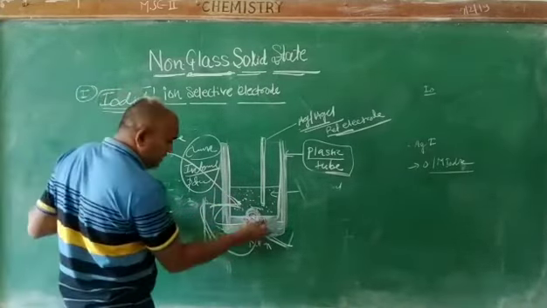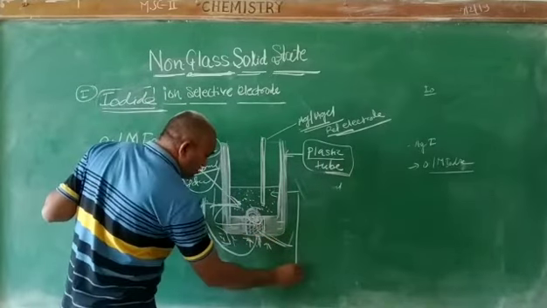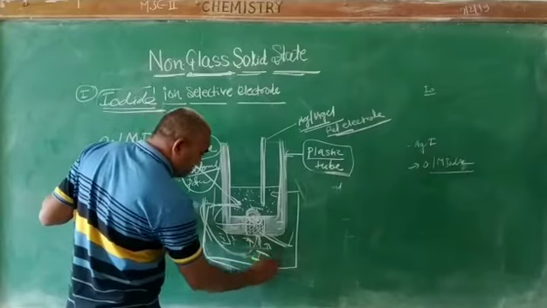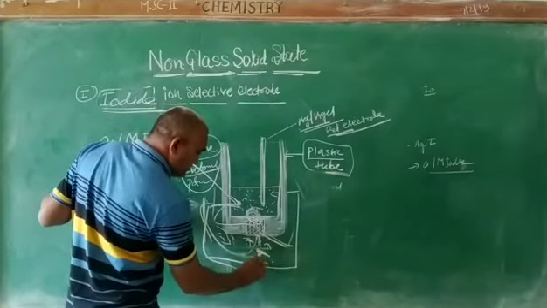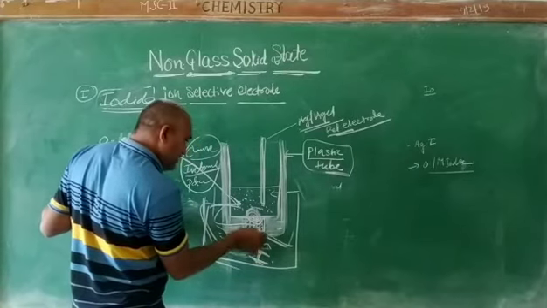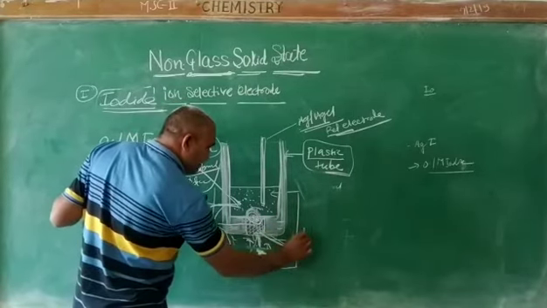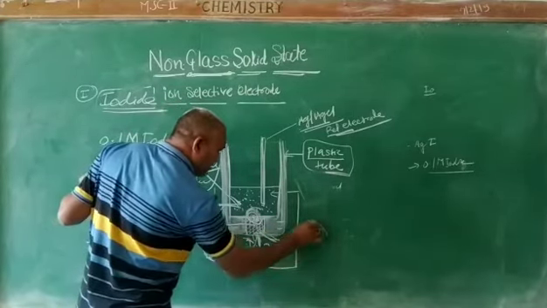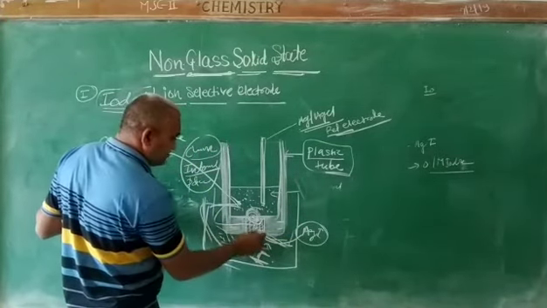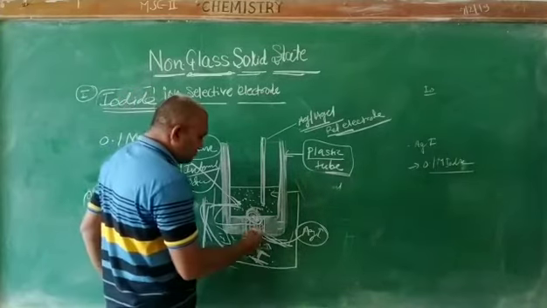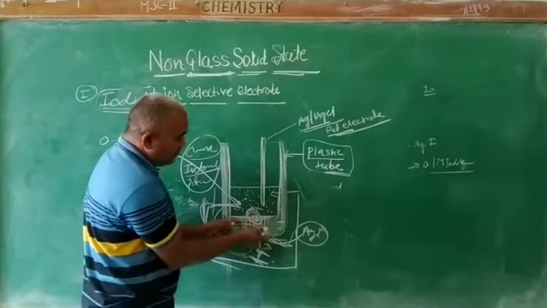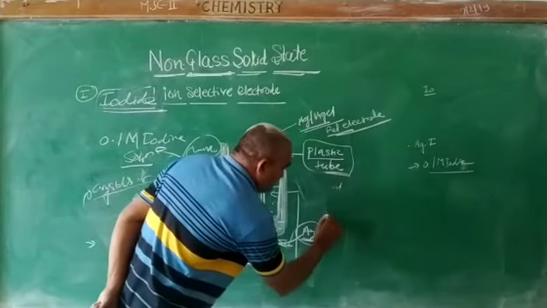When we put this electrode in the solution, iodine ion from the solution comes in contact with the AgI crystals. At the bottom surface of the plastic tube, we put crystals along with polymer.